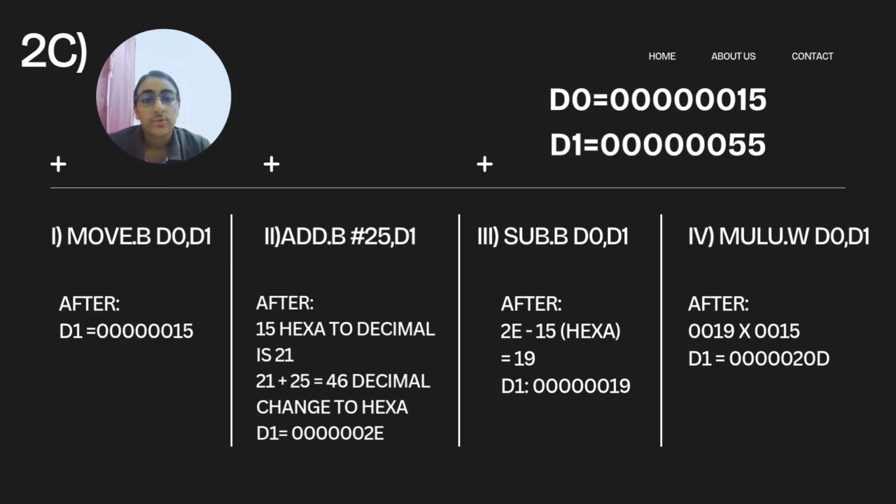So you're gonna take the four digits from question number 3, which was 0019, and the four digits from the main question D0, which is 0015. You're gonna times that. So 0019 times 0015, D1 would then equal 0000020D. So that's from question 1 to 4. That's the answer.